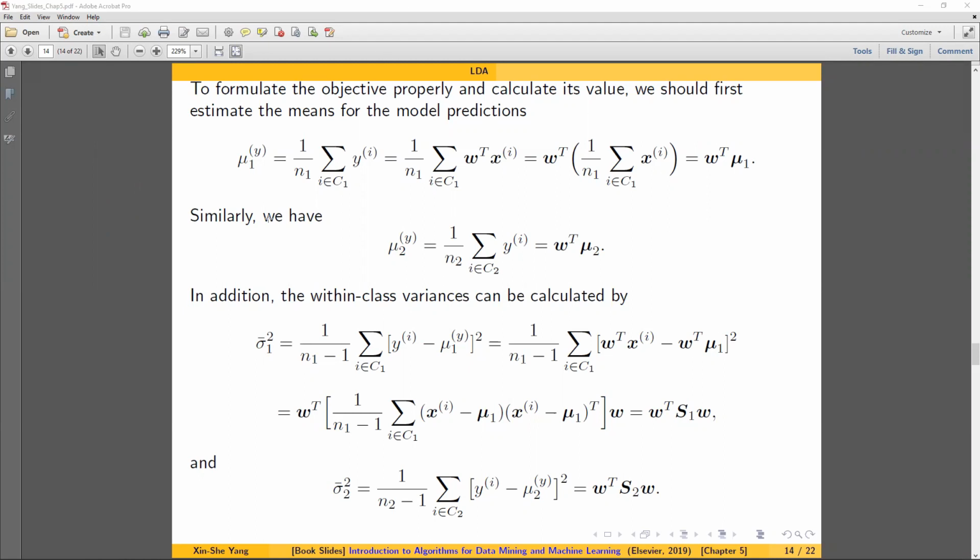So we can calculate the model predictions, mu1y and mu2y, based on W transpose of mu1 and W transpose of mu2.